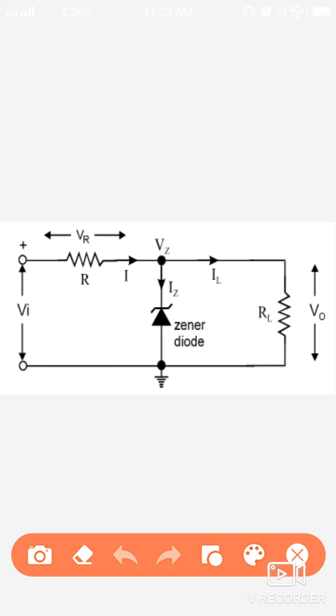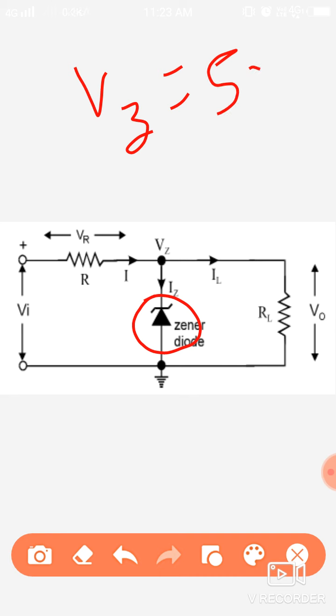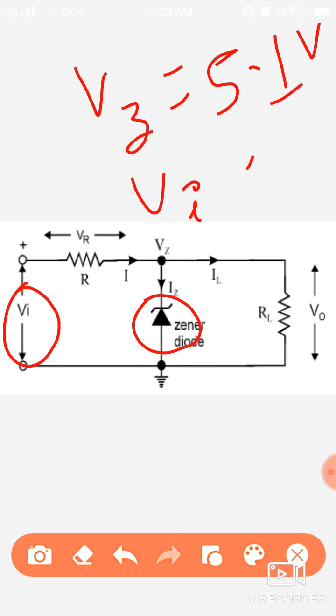Suppose that the Zener diode works at Vz equal to 5.1 volts, and our input voltage Vi is less than Vz. Then what will happen?